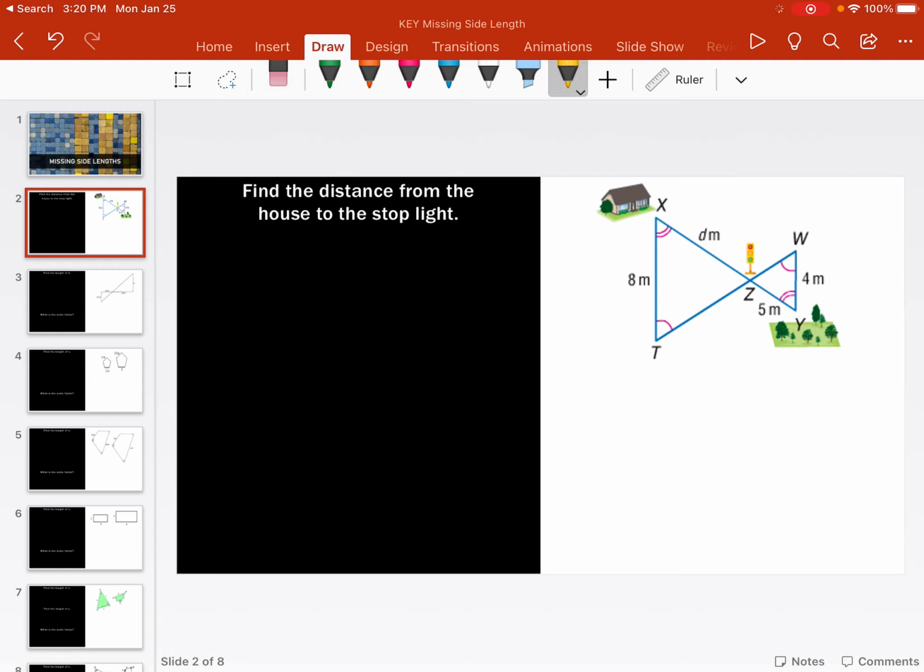Okay, so we're going to set this up by using proportions. What I want to do first is find two corresponding sides, and I'm going to set those up first as a fraction. Remember your corresponding sides, you can use the different angles to help you.